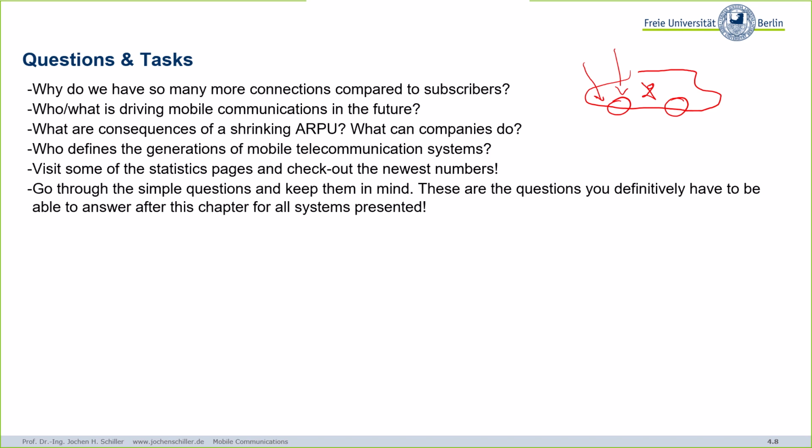But the problem is how to cover, for example, along a railroad track, the whole area with Wi-Fi. You need antennas every 50 meters, every 100 meters. And then you have to penetrate the windows, which doesn't work because they have a metal layer. So we have some problems. You need outside antennas, etc. That's all feasible, but it's extremely expensive.